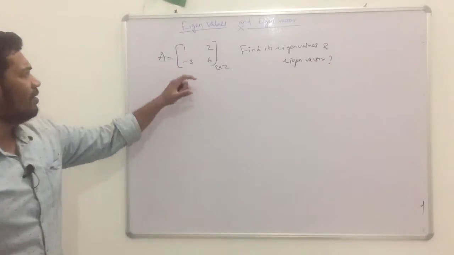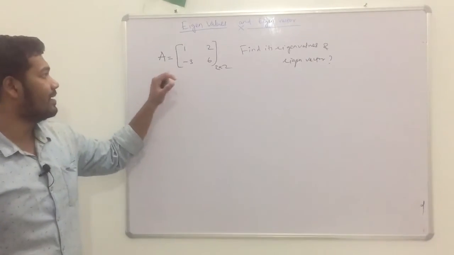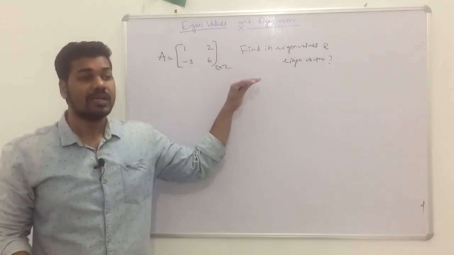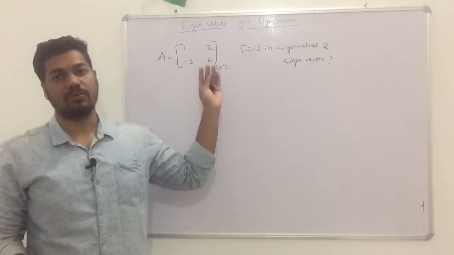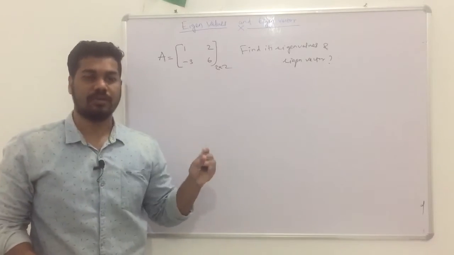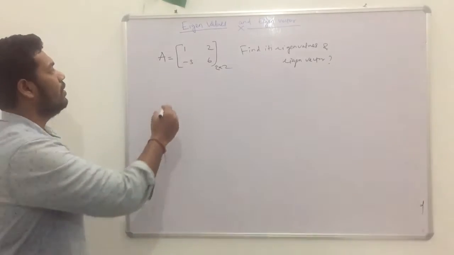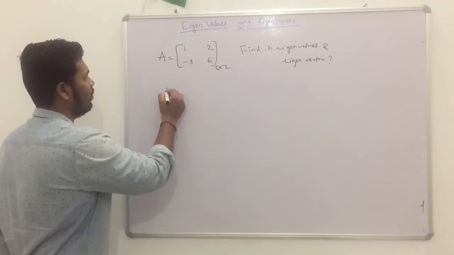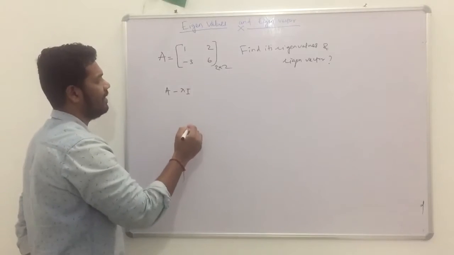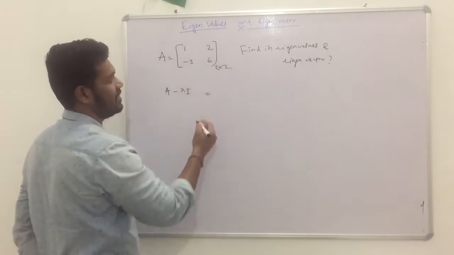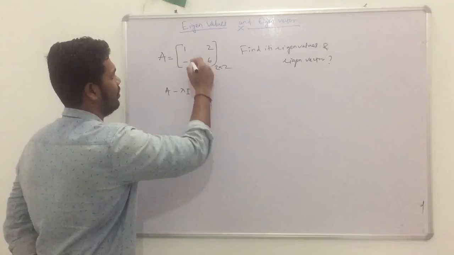Obviously, as it's a 2 cross 2 matrix, it will have 2 eigenvalues. A 3 cross 3 matrix will have 3 eigenvalues, and so on. In step 1, you have to find A minus lambda I, which is nothing but subtracting lambda down the main diagonal.